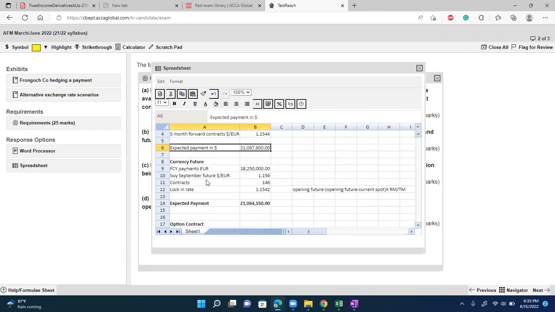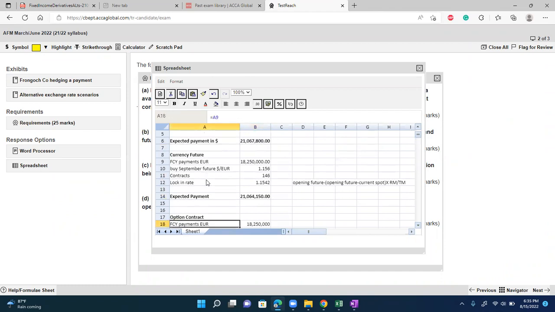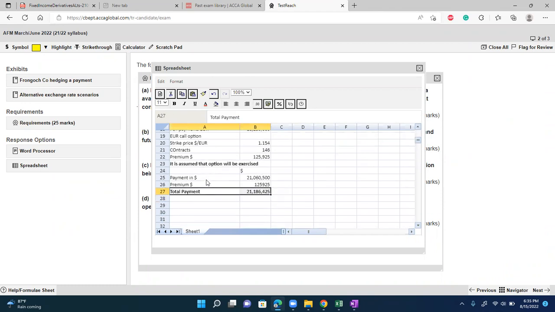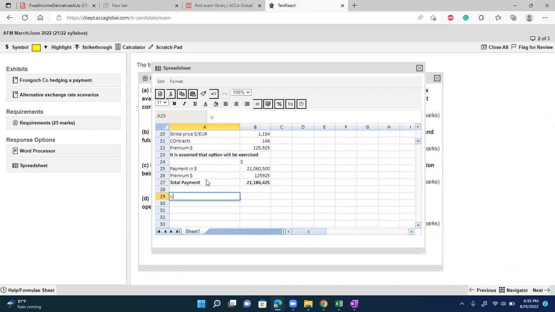Under the forward, 21.067. Under the option, it is 21.186 million. Which one is recommended? Future. On financial grounds, the future contract is recommended.